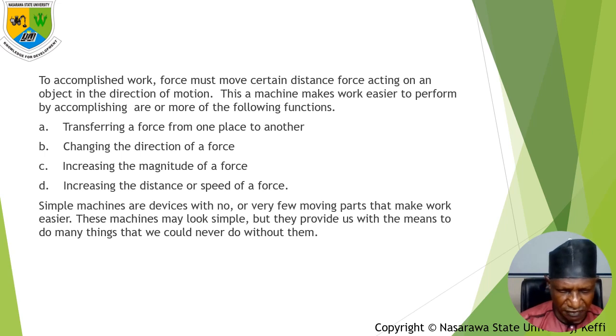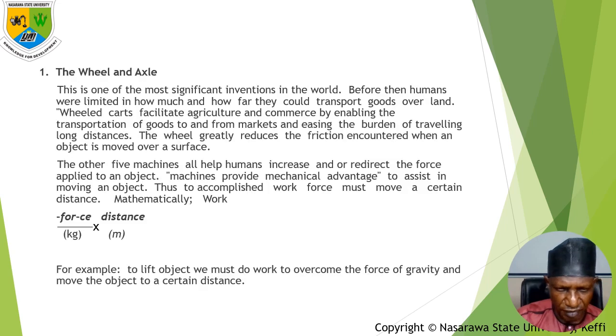Simple machines are devices with no or very few moving parts that make work easier. These machines may look simple, but they provide us with the means to do many things that we could never do without them. The wheel and axle. This is one of the most important inventions in the world.